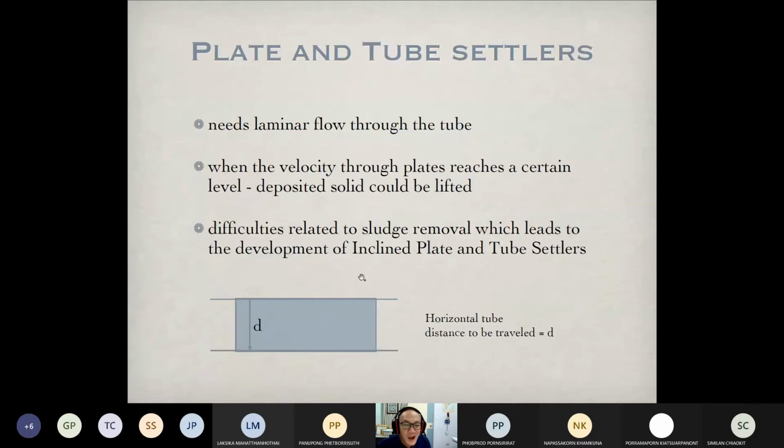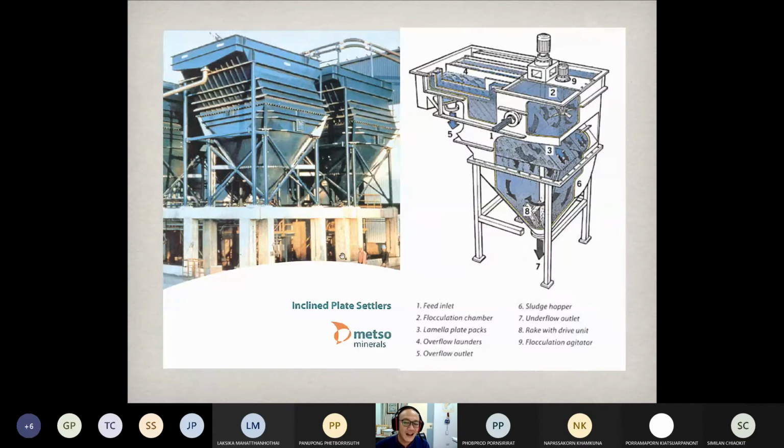Okay, so this is the one. Why do we need to use the plate and tube settler, especially the inclined plate and tube settler? The inclined sedimentation tank is something like this. This is a photograph of the inclined plate settler. So the inlet is here.